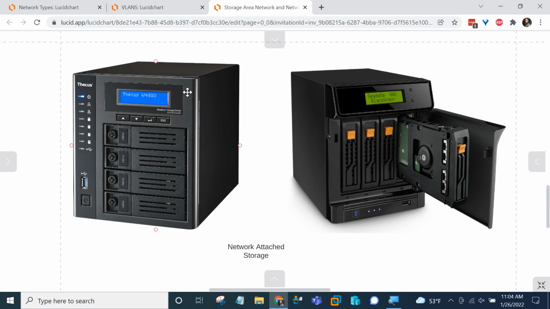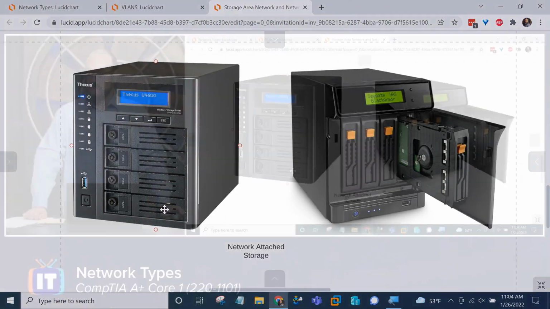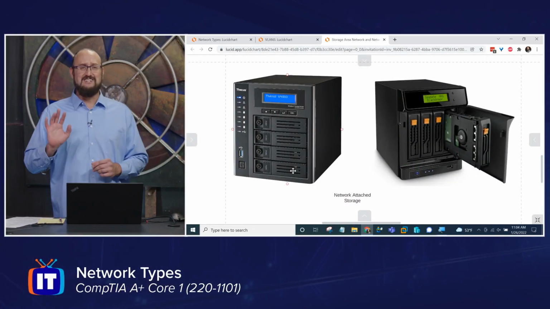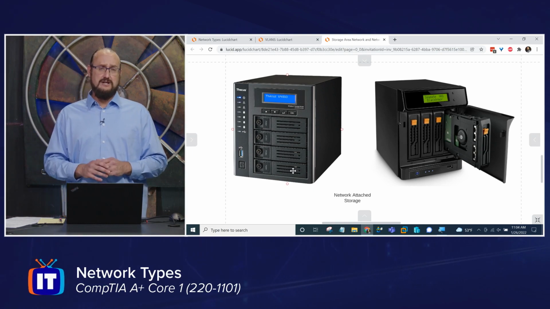It is a device that has a small footprint, highly optimized operating system on it, and a bunch of storage drives in it that has a network connection, typically gets an IP address, and the users within your networks can store and retrieve information on this. This is an extremely lower cost implementation if you cannot afford a storage area network.